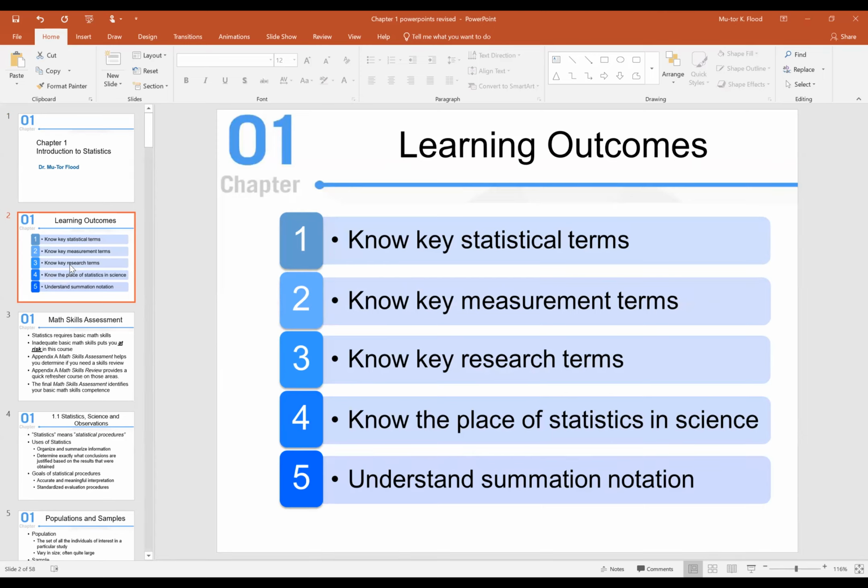And finally, we're going to discuss what is called summation notation, which is going to be a very key part of the formulas that you'll be using in this class.